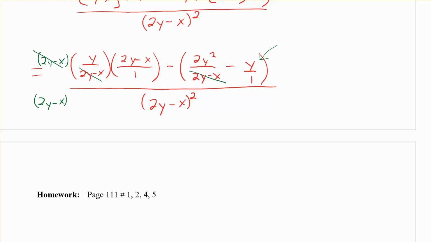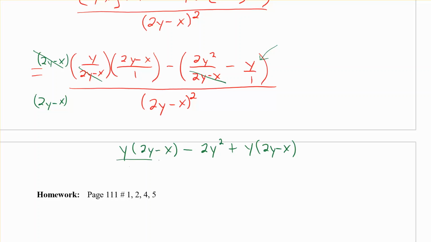So if I rewrite this all out, what I end up with is y times 2y minus x, minus 2y squared, and then the minus and the minus, that was like a plus, right? So plus y, and then it also has to be multiplied by that top term we did, so y times 2y minus x.